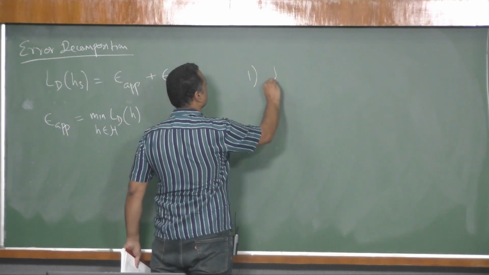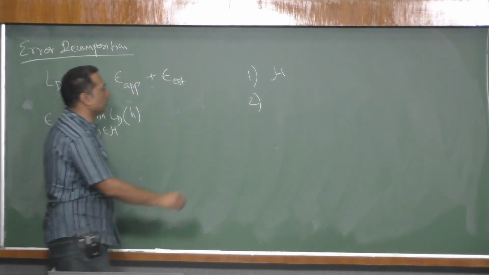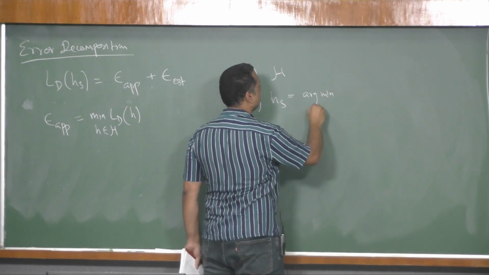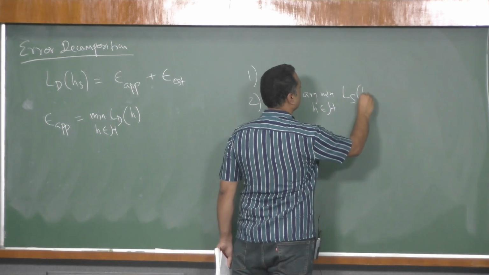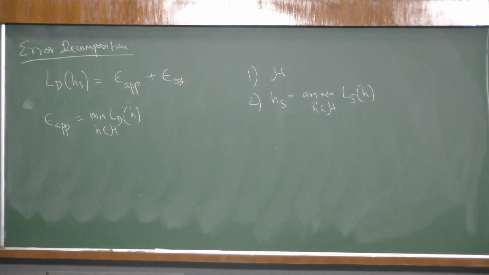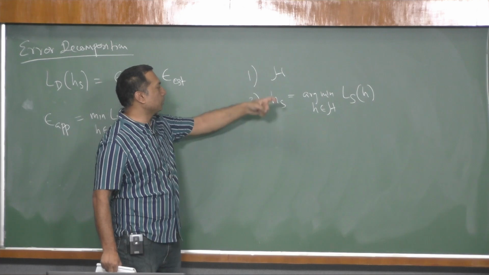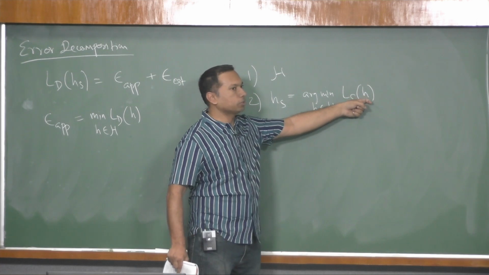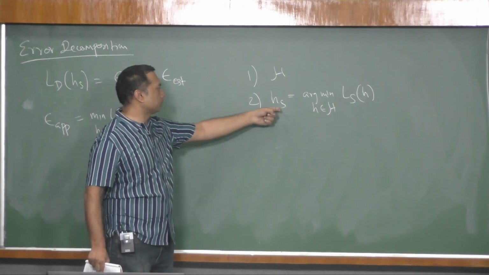The first step is to choose the hypothesis class H, and the second step is, for this hypothesis class, to find an optimal function that minimizes the training error. Choose a hypothesis class, the function class that you want to fit to the given data. Once you have chosen that, out of those function classes you choose the h that gives you the least training error, and we call it h_S.